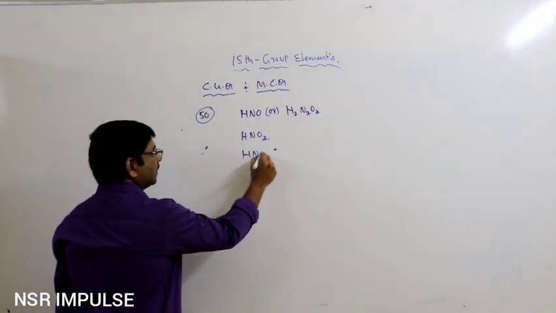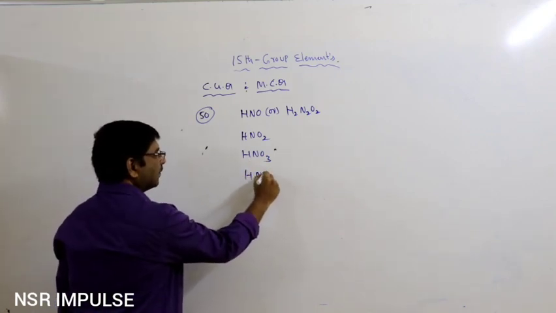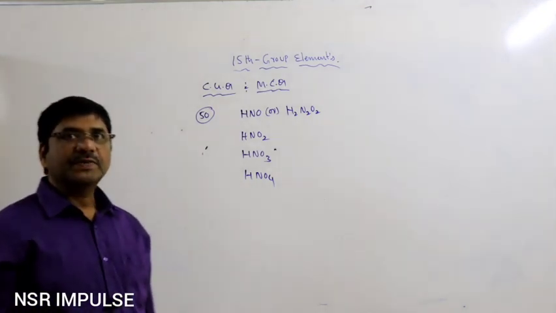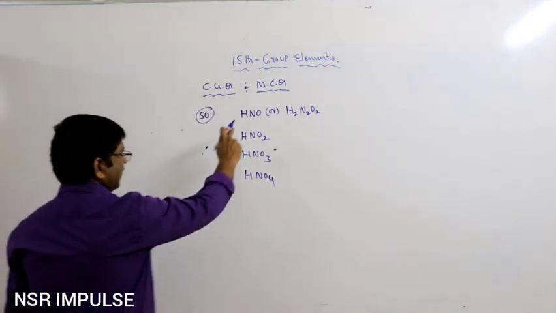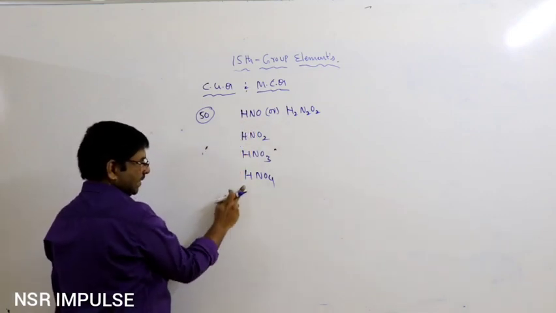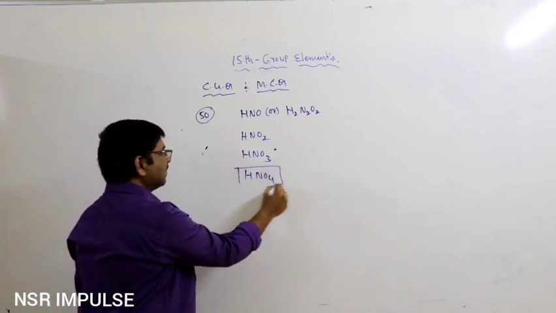HNO3 is called nitric acid. HNO4 is called pernitric acid. First one is hyponitrous acid, nitrous acid, nitric acid, pernitric acid. In this there is a peroxy bond.